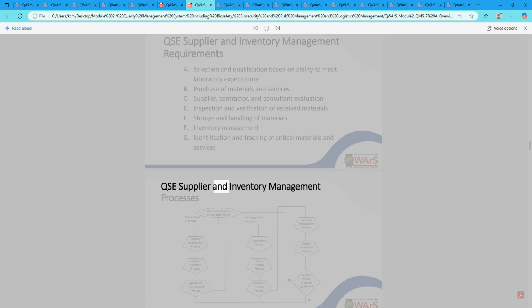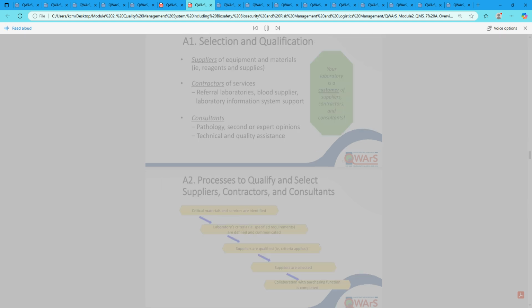QC supplier and inventory management processes. 1. Selection and qualification. Suppliers of equipment and materials, that is, reagents and supplies. Contractors of services: referral laboratories, blood supplier, laboratory information system support.